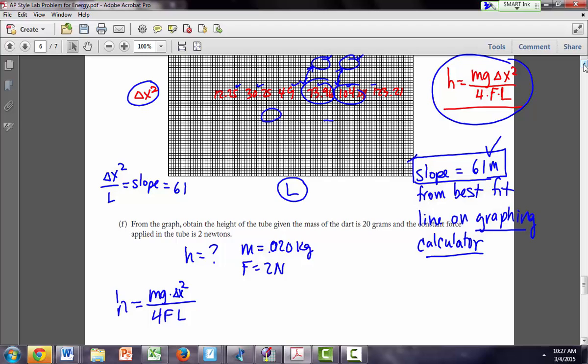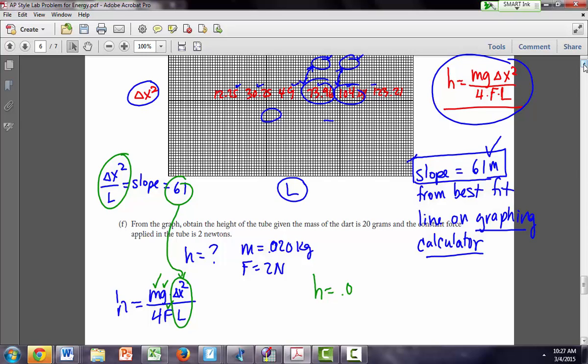My delta x squared over L is 61. That's this right here. My m is 0.02 kilograms. My F is 2 newtons. And g, I could use 9.81 or 10 would be fine as well. Remember, it's the magnitude of g, not the sign.